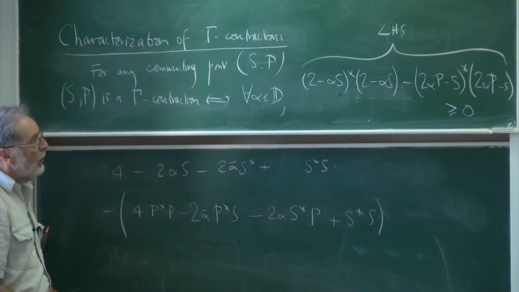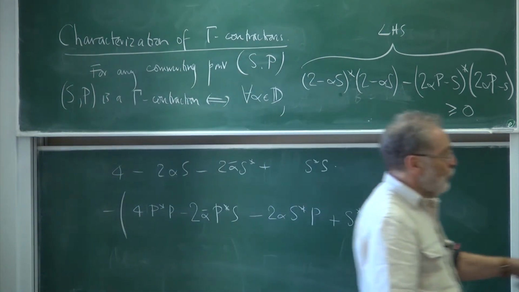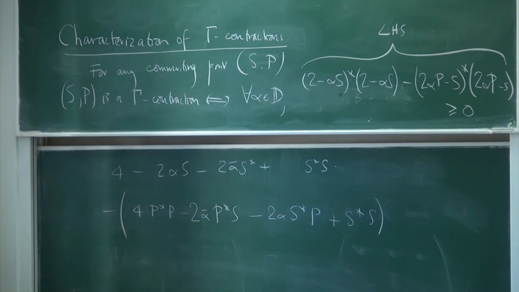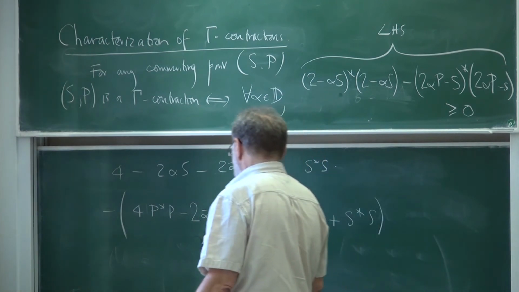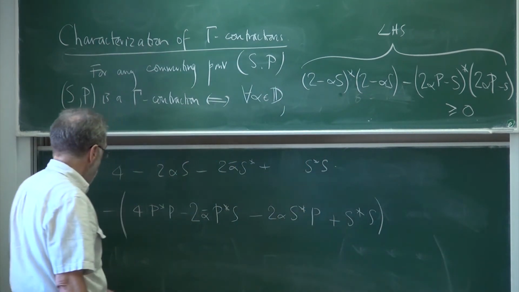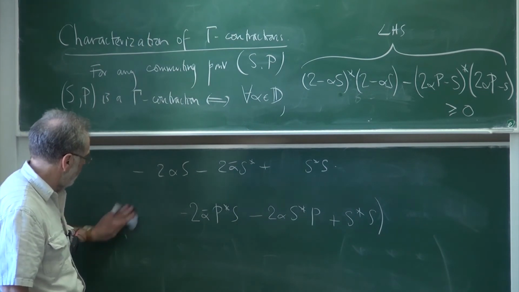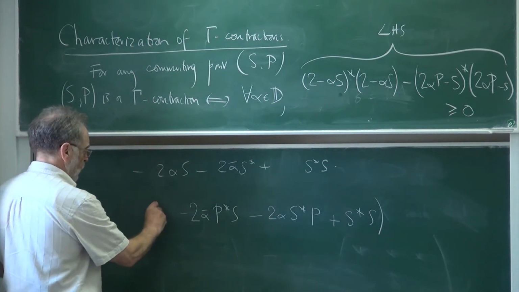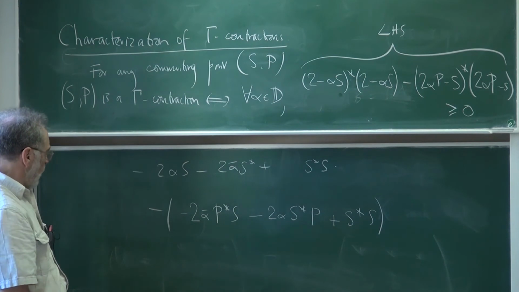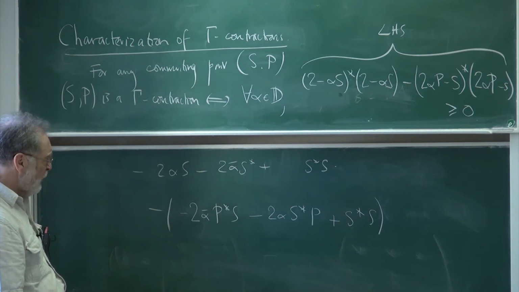And now if we have these relations here, p star p is 1, so this one can go out with this one. Then I think everything just collapses, doesn't it?